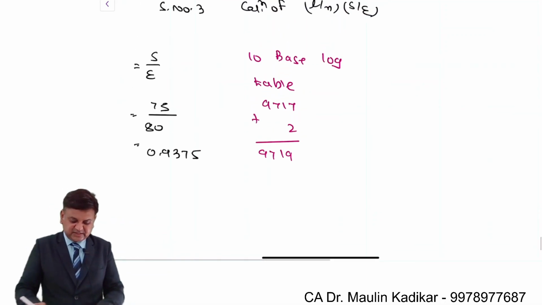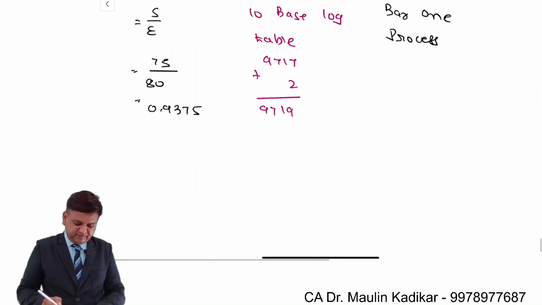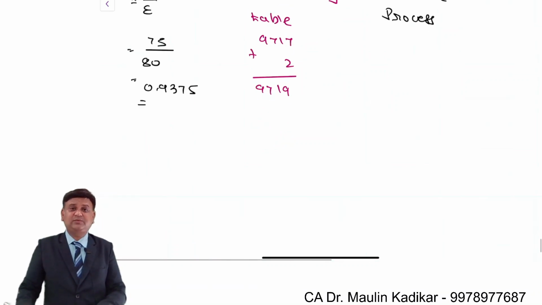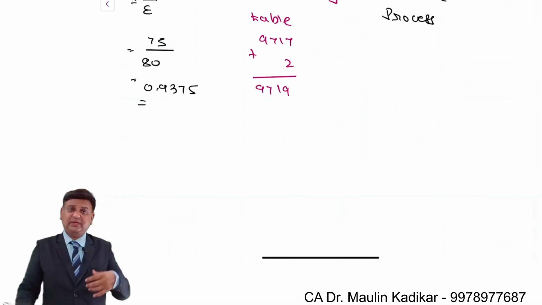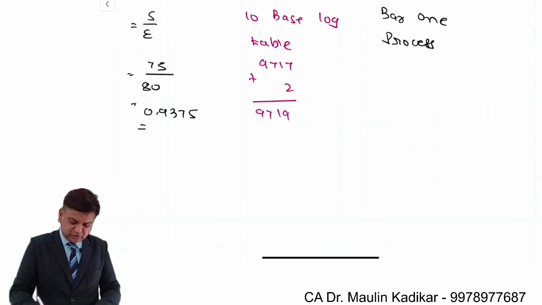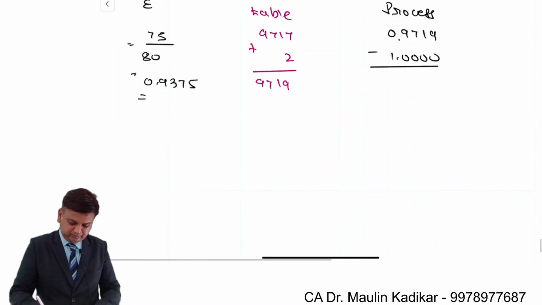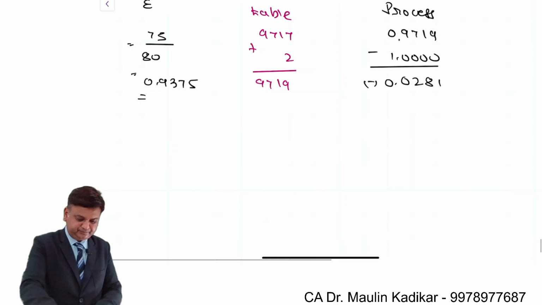Next is the Barman process. In that we can see that there is no digit before the decimal. So 0 minus 1 is negative 1. So 0.9719 minus 1, so it is negative 0.0281.